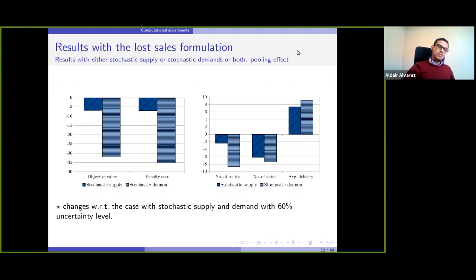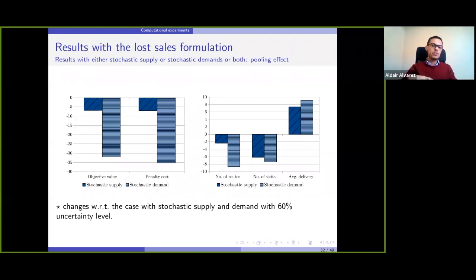And we believe that this is a result of the pooling effect of the demand uncertainty, because for some cases we might have demands at a customer, let's say for a given time period, that are higher than expected, but for another customer they're going to be lower. So they tend to compensate each other over time.